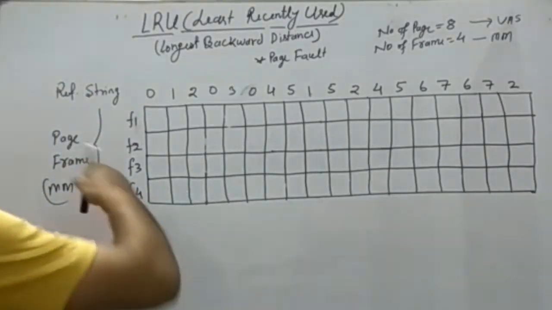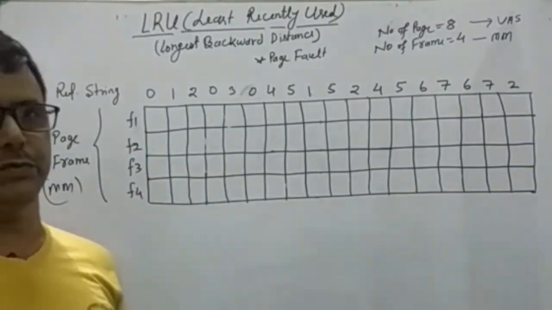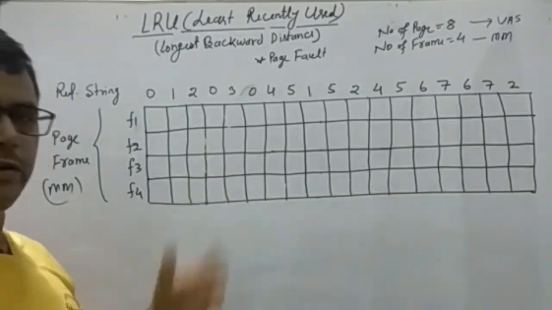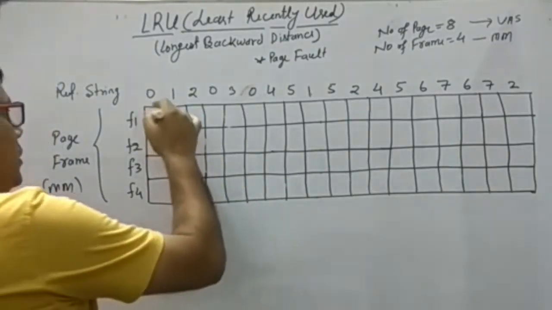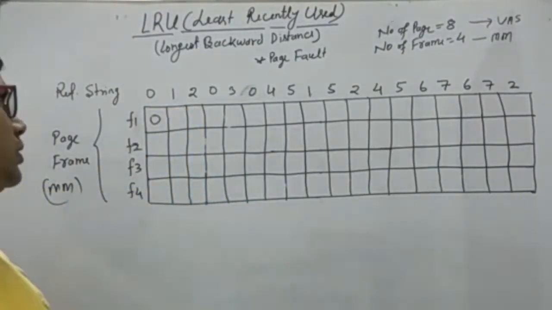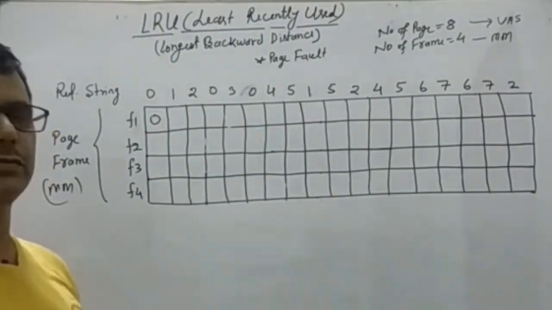Now let us understand: when page number 0 is asked by the CPU, that page is not in a frame, which means a page fault occurs. Page 0 arrives from the virtual address space and is mapped into page frame 1, because all the frames are free right now.